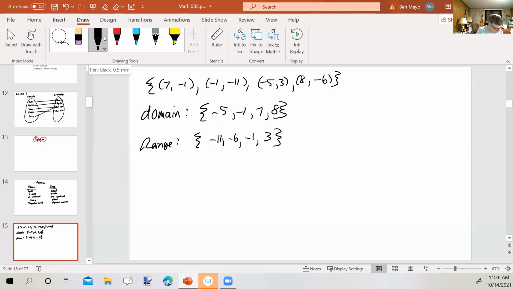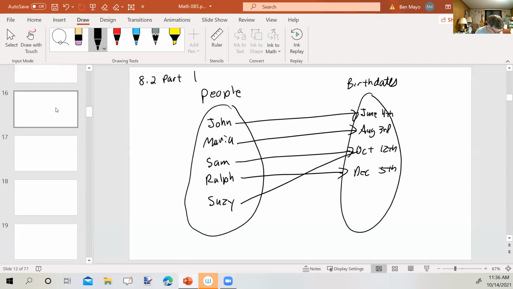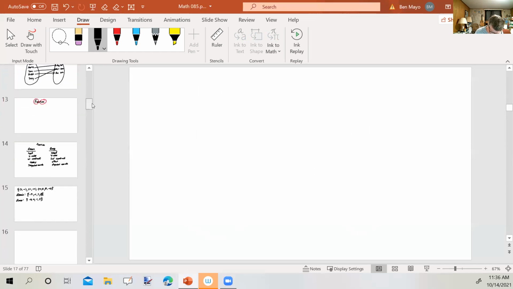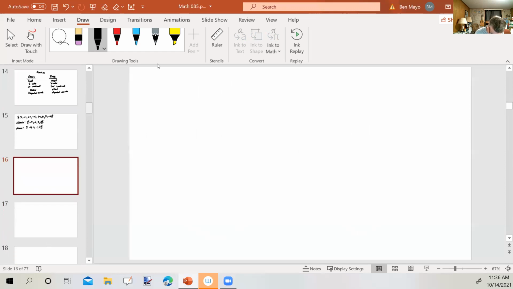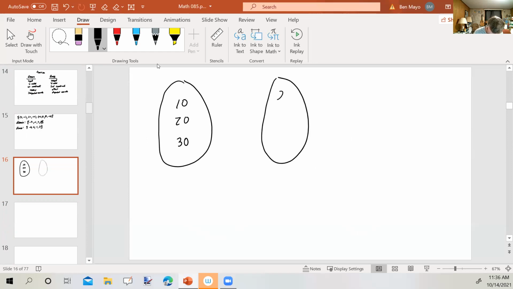All right. Take a look at this situation. We've got 10, 20, and 30. And over here, 20, 40, and 60. And 10 goes to 20, 20 goes to 40, and 30 goes to 60.